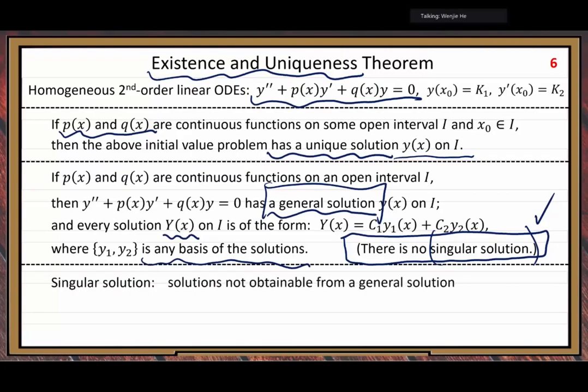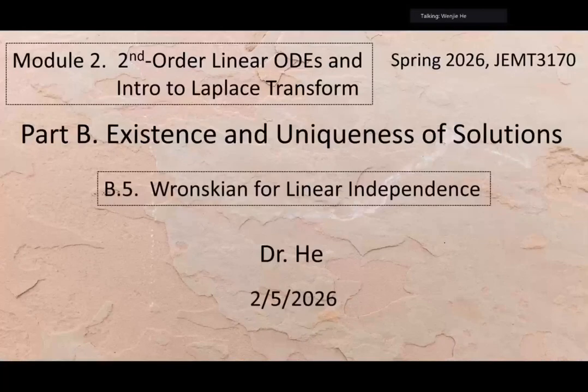Here you can see solutions not obtainable from a general solution. You need to use other, different ways to get the solution. In other words, the general solution may not be able to cover all the possible solutions. Sometimes some singular solution cannot be covered. Next, B.5.